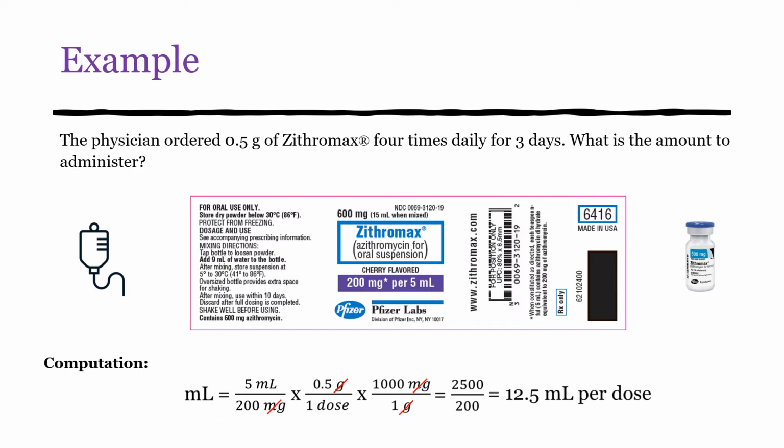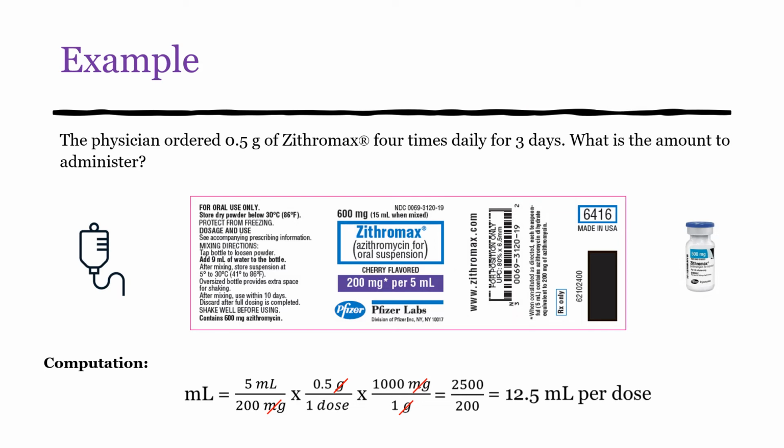As stated on the label, supply is 5 mL is equal to 200 milligrams. The order is 0.5 grams is equal to 1 dose. And the conversion is 1,000 milligrams is equal to 1 gram, which gives us 12.5 milliliters per dose.